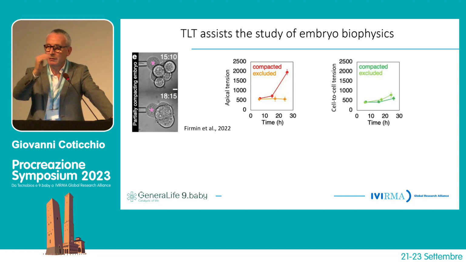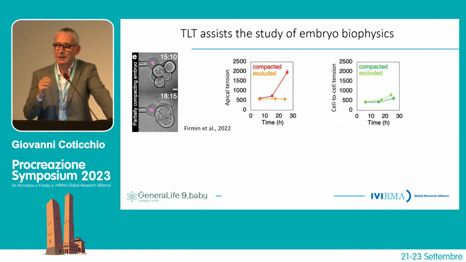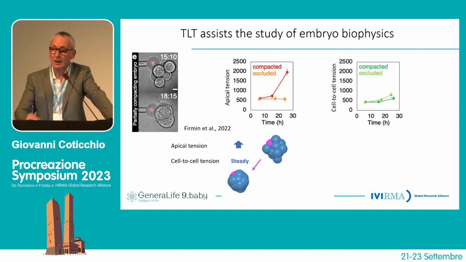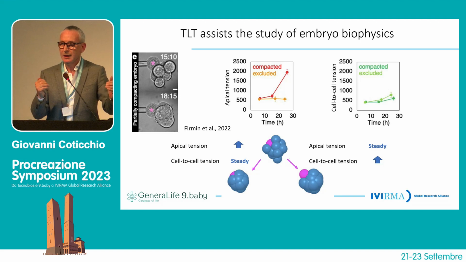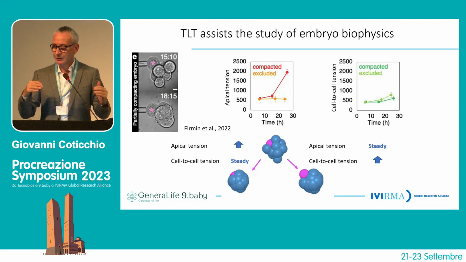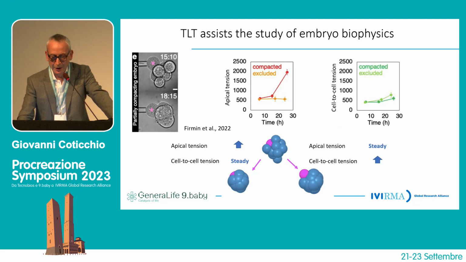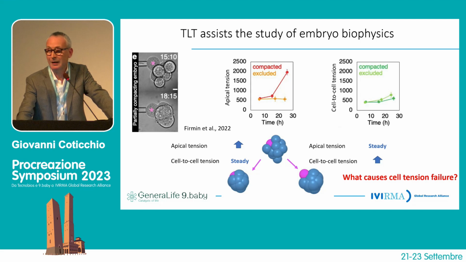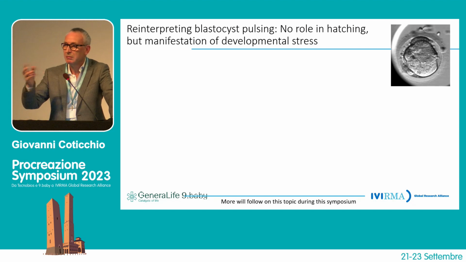In other words, the tension of the apical part of those cells does not reach the desired level, and that is preliminary to the ability of the cell to compact. In other words, when the apical tension and the lateral tension between cells are not properly regulated, there is a failure in compaction. So we are starting to understand at least something about the biophysics of this process. What causes tension failure? We don't know that, to be honest. But maybe aneuploidy could be one of the several players.